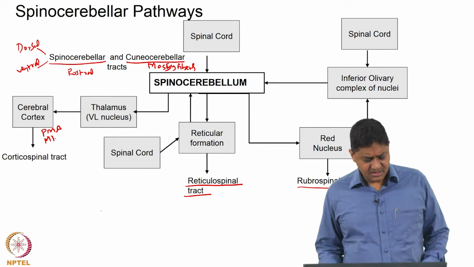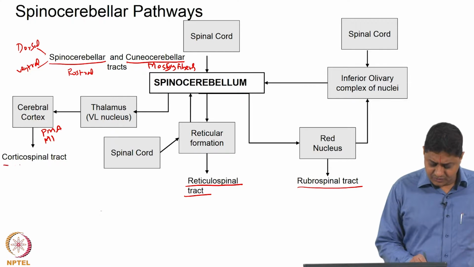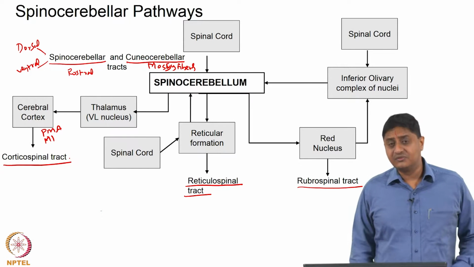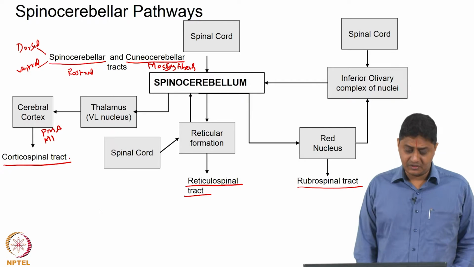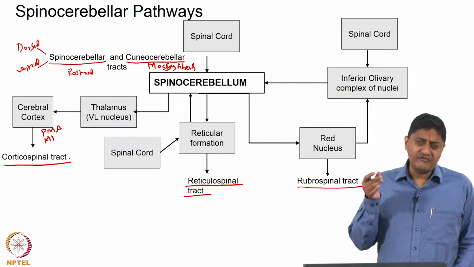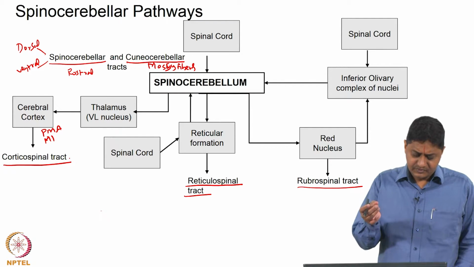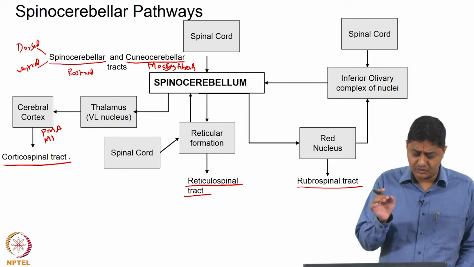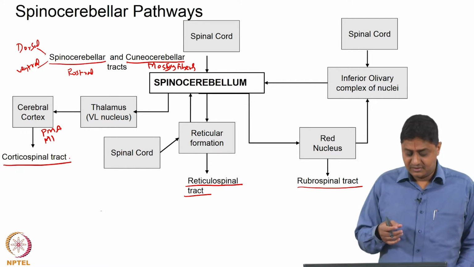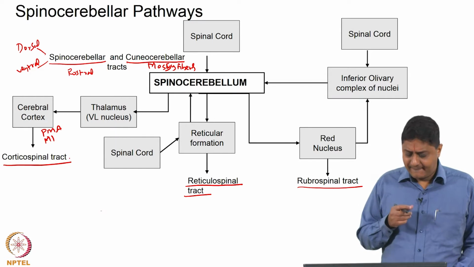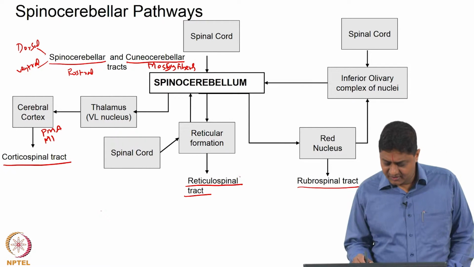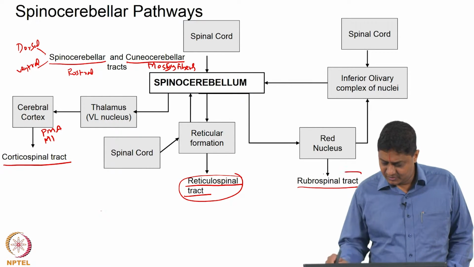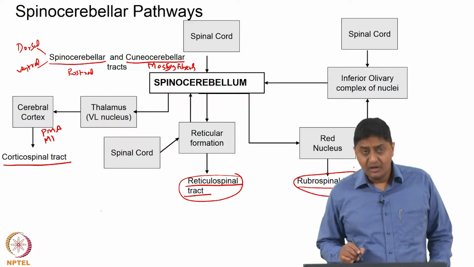A question is, if you are anyway going to project to the cerebral cortex and control via the corticospinal tract, that means you are going to modulate more finely, so why have the reticulospinal and rubrospinal tracts?